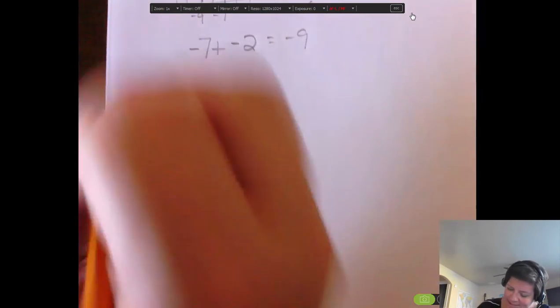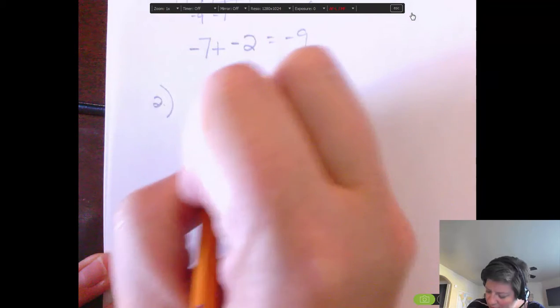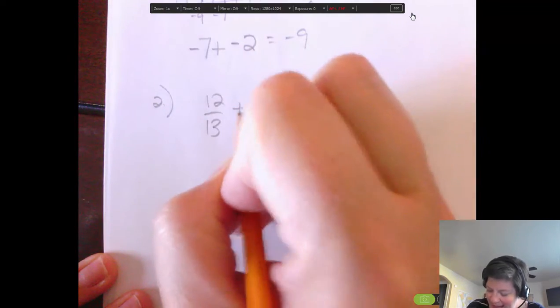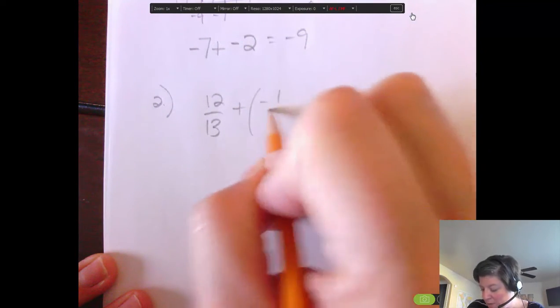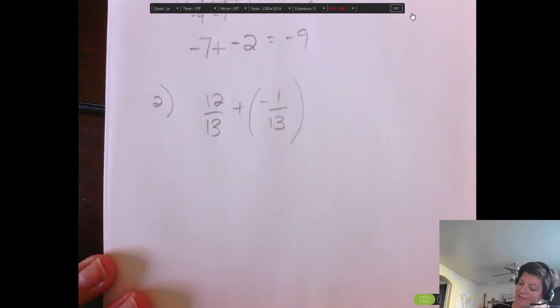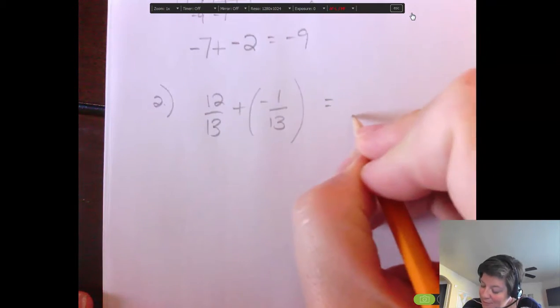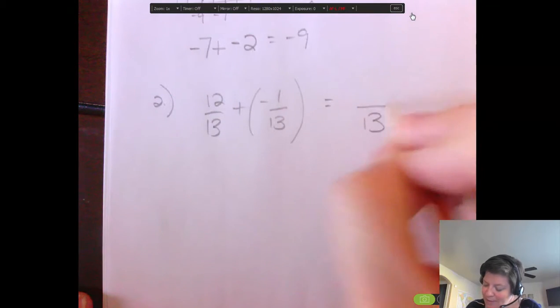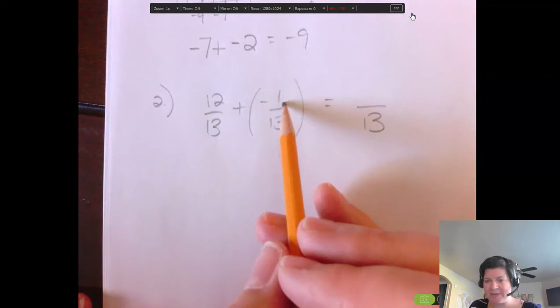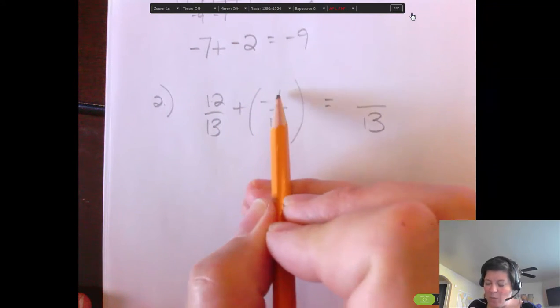Alright, so what if we saw a fraction with these negatives in it? So maybe we had 12/13 and we want to add a -1/13. Well, this one has a common denominator, so we're adding, so we can keep that common denominator, right? We're going to keep that 13, and we're going to look at just the numerators and the signs across. 12 plus -1.